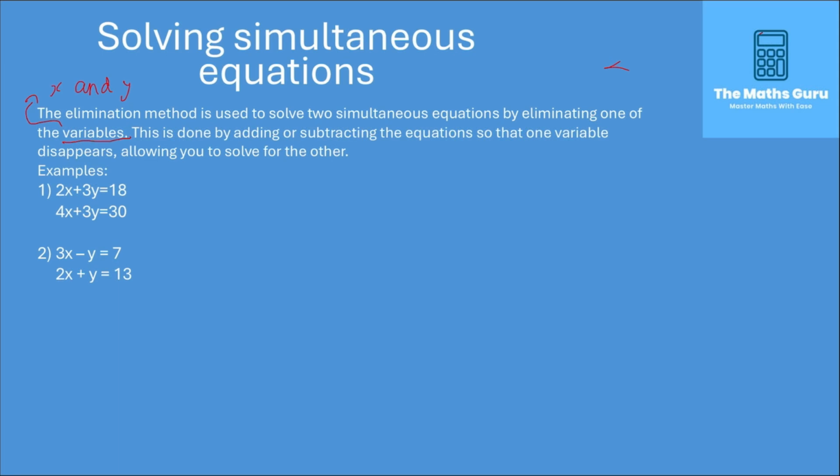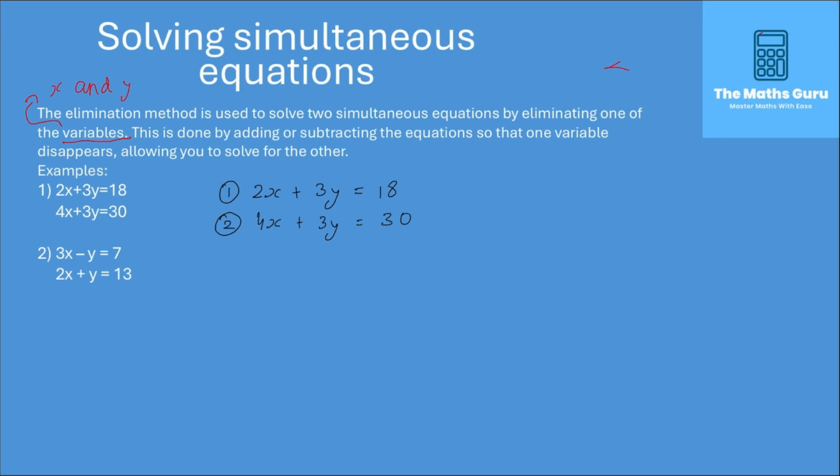So let's draw out our first one. We have 2x plus 3y equals 18 and 4x plus 3y equals 30. Let's call this equation number 1 and equation number 2.